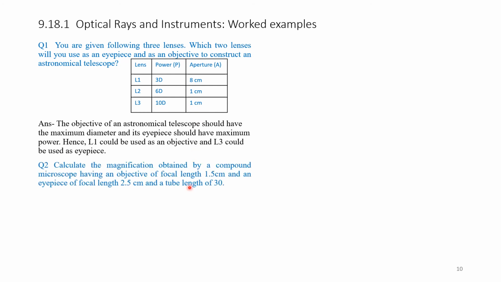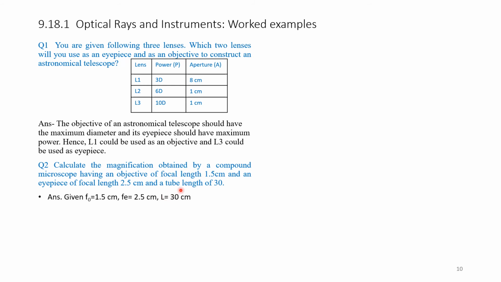Question number 2. Calculate the magnification obtained by a compound microscope having an objective of focal length 1.5 centimeter and eyepiece of focal length 2.5 centimeter and tube length of 30 centimeter. Therefore, he is asking us to find the magnification of a compound microscope.